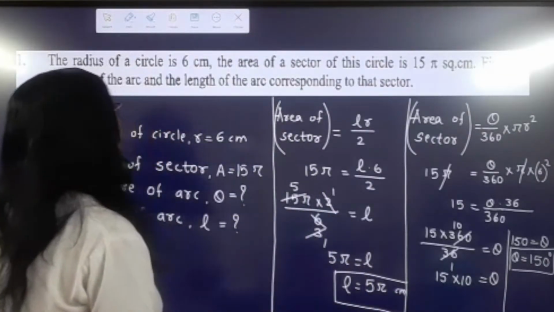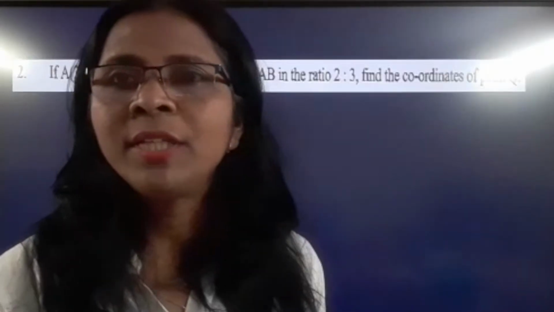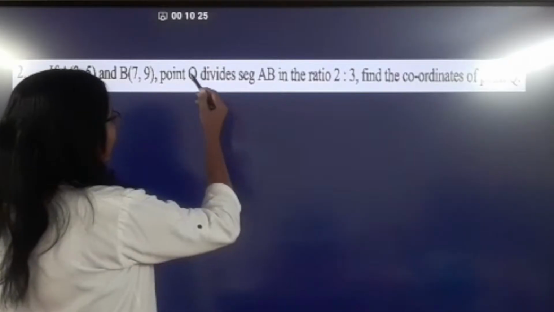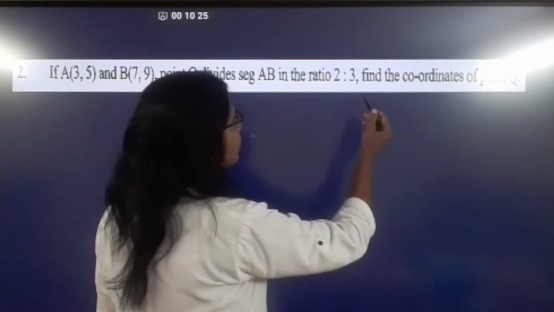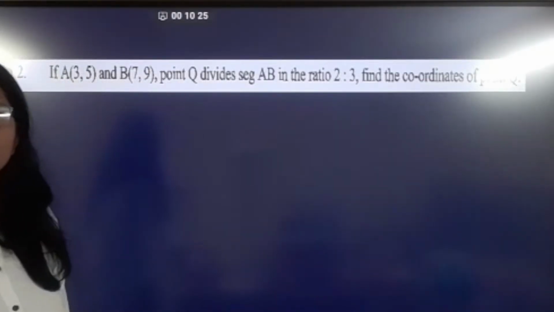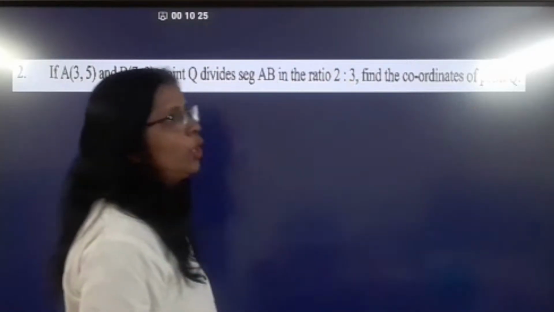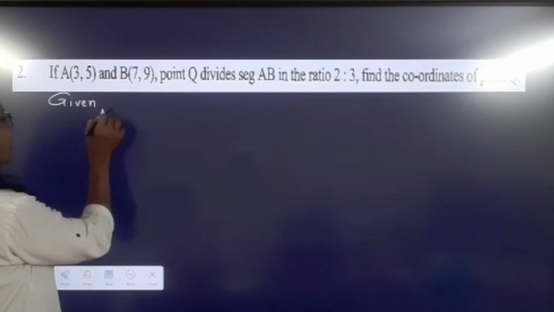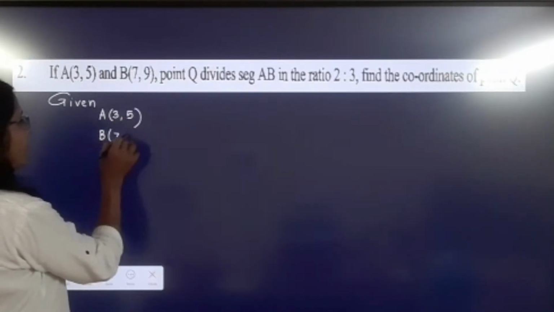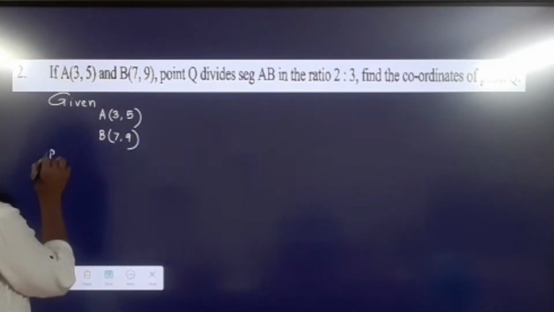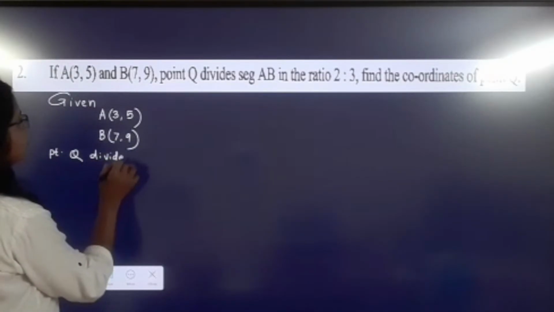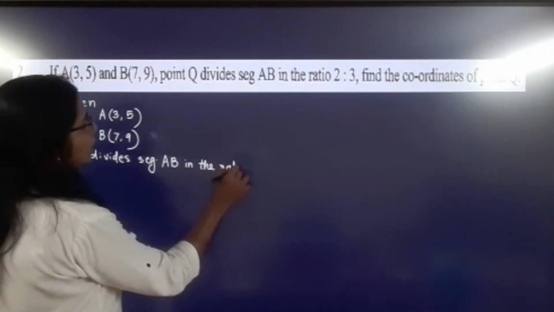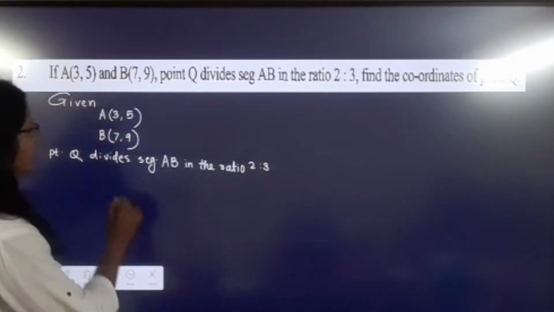Okay, so now let us see the next question, students. The next question is: if A is (3, 5) and B is (7, 9), point Q divides segment AB in the ratio 2:3, find the coordinates of point Q. So we have to find the coordinates of point Q. First I write down the given: A (3, 5), B (7, 9), point Q divides segment AB in the ratio 2:3.